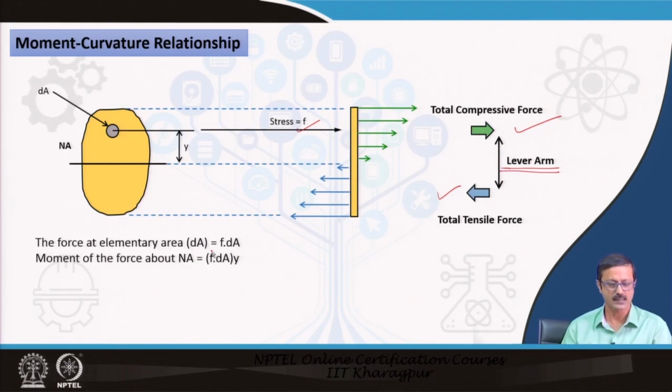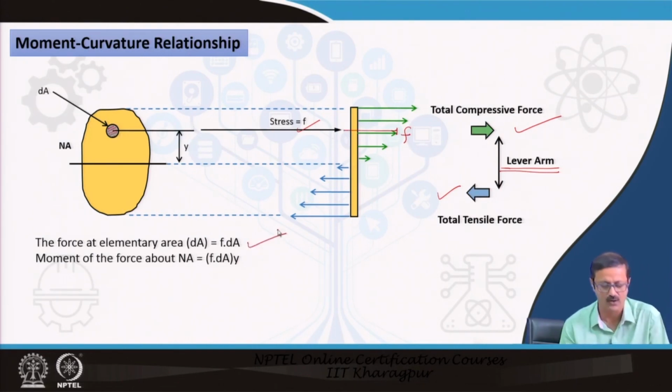So I may say that the force at this elementary area is nothing but F into dA. The stress into area is the compressive force or the tensile force. As I have assumed that at this particular y the stress is F, and this is the area which is almost at a distance y.